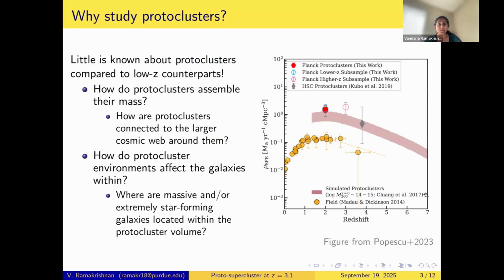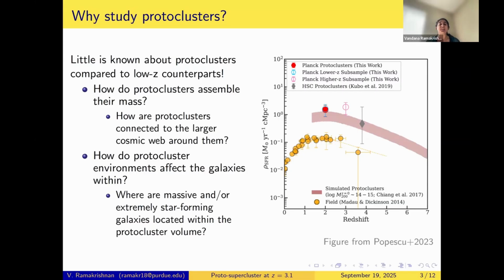Right. So, great. Why do we want to study these protoclusters? Well, because we actually know very little about protoclusters compared to their low redshift counterparts. For example, one of the things we have seen through some limited observations of protoclusters is that they tend to host extremely elevated star formation rates.